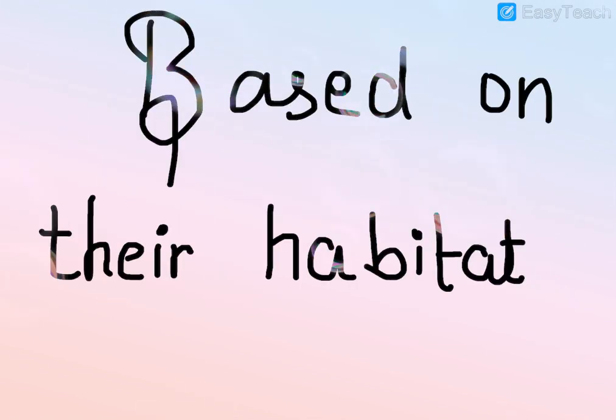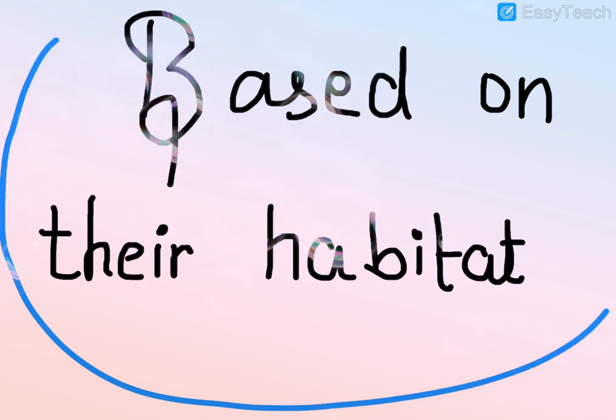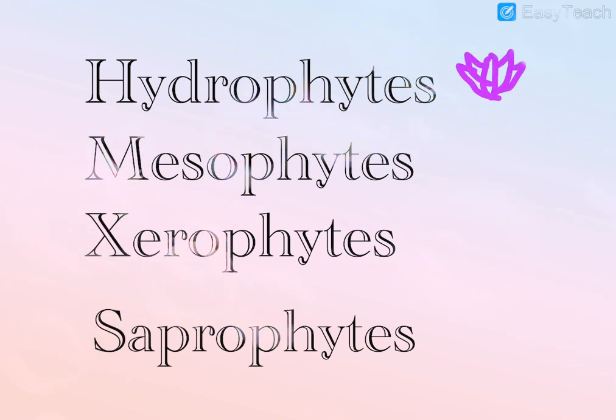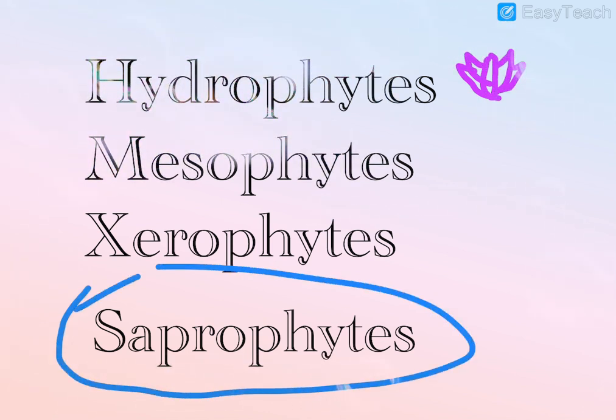Moving ahead, based on their habitat, we have hydrophytes, mesophytes, xerophytes, and saprophytes. Saprophytes can come under mode of nutrition also, or they can be under habitat also. First I'll explain saprophytes.